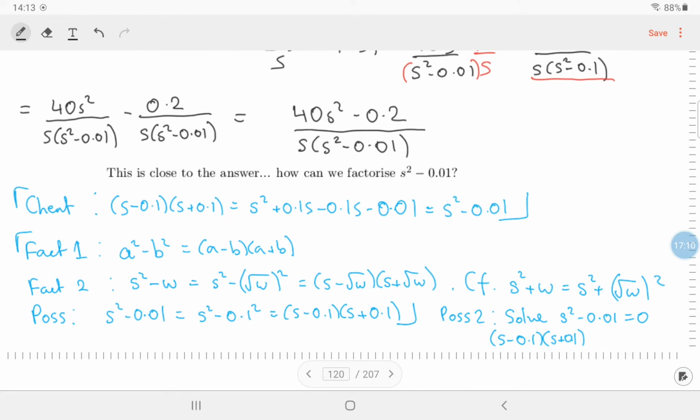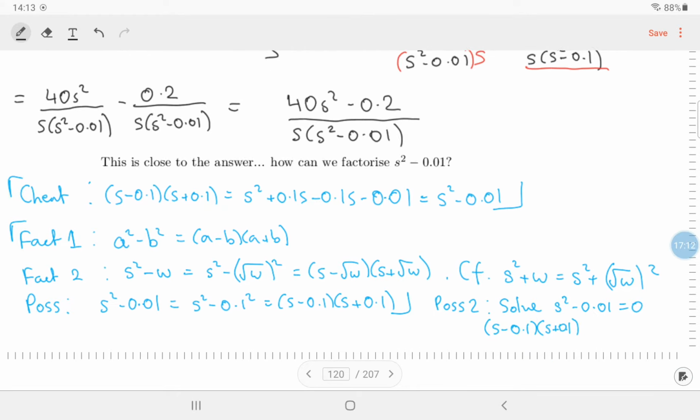The other way is related in various ways to the fact that we've got a difference of two squares. In general, s squared minus something can be factorized, because you can write the 0.01 as the square root of 0.01 squared. So you can see s squared minus 0.01 as s minus the square root of 0.01, times s plus the square root of 0.01.